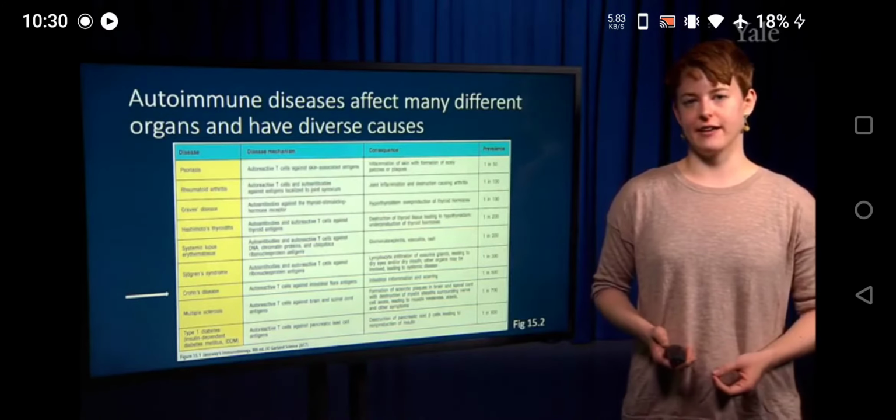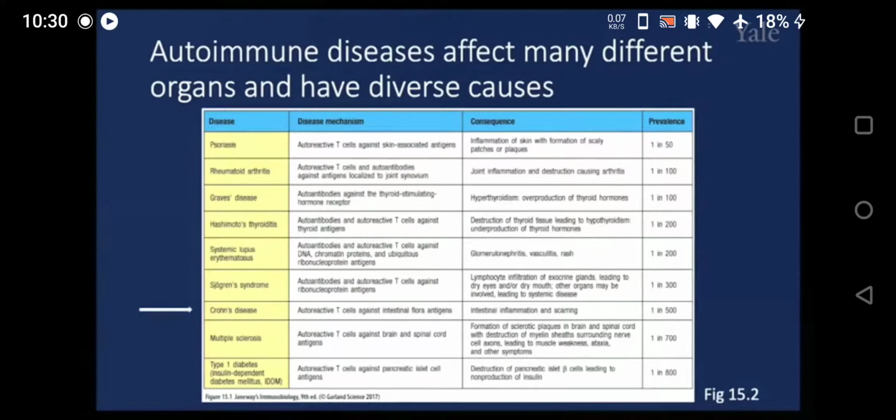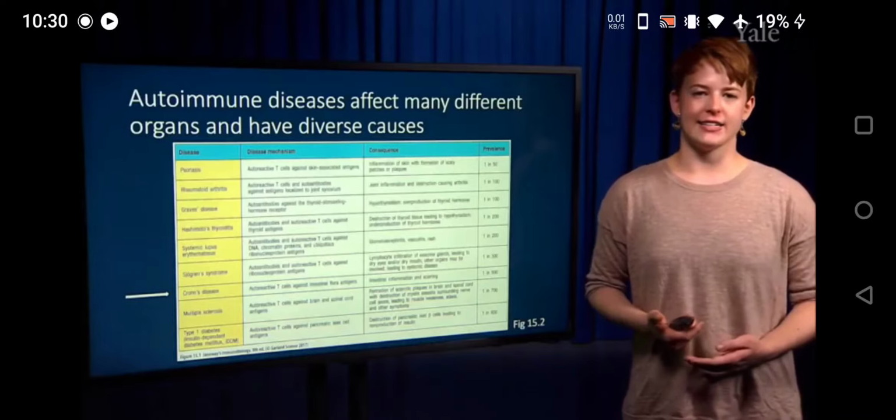And we'll also discuss the differences in systemic and organ-specific disease. So really, you don't need to memorize these diseases, just think of this for the concepts, especially the different types of mechanisms that can lead to these diseases and how breakdowns in the immune system cause this.